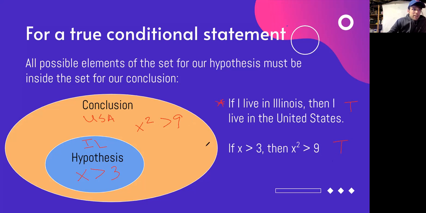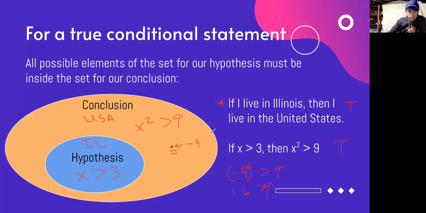There is a bit of a place where people get hung up, and it would be maybe something like here. So an example of a number that would fit here would be, let's just say, -4. Because the number -4, if you square that, is going to be greater than 9. That's going to be 16, which is greater than 9. So this number doesn't satisfy the hypothesis, but it does satisfy the conclusion. Is this a counterexample?